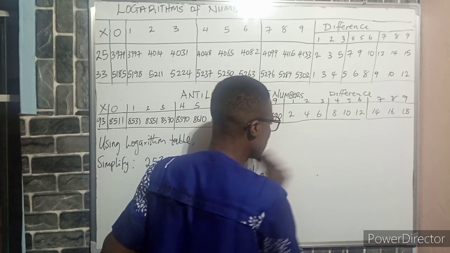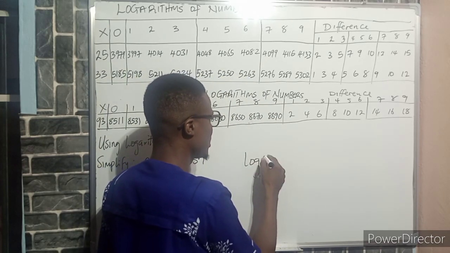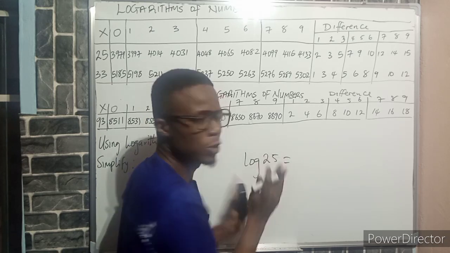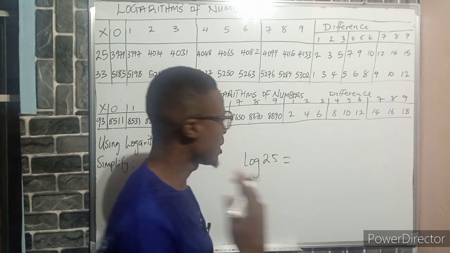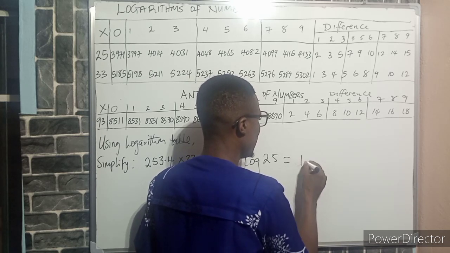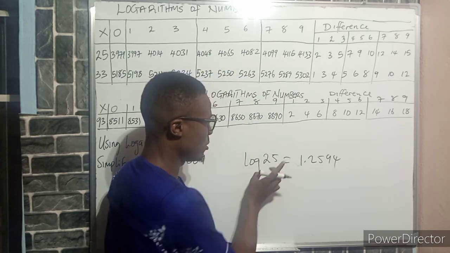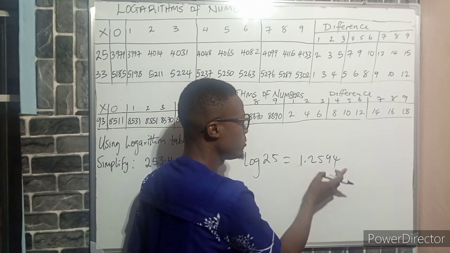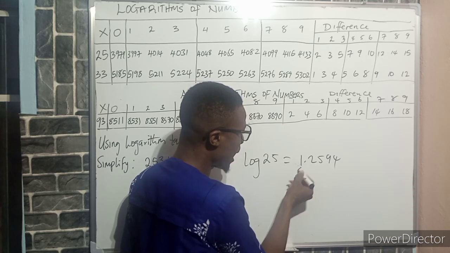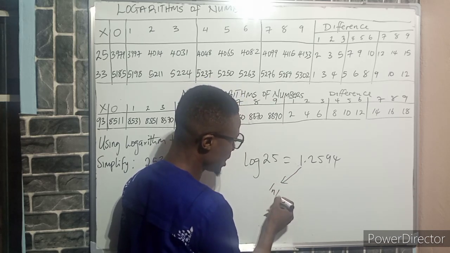Now, supposing I try to find a logarithm of a number, let's say logarithm of 25, for instance. I don't know the logarithm offhand, but assuming I get the logarithm of 25 as, let's say, 1.2594. Assuming I found the logarithm of 25 and it's giving me 1.2594, the whole number part of this logarithm is known as the integer.